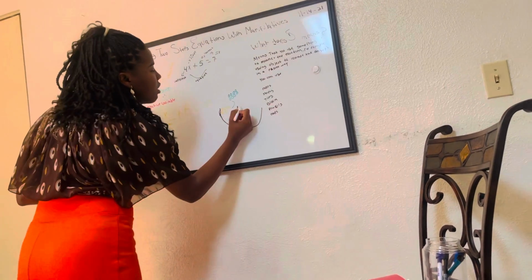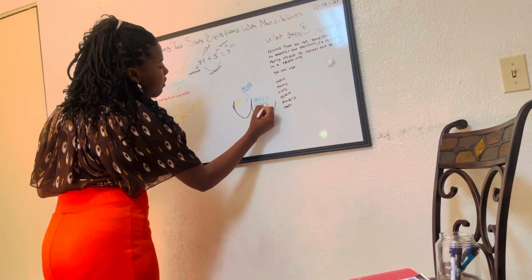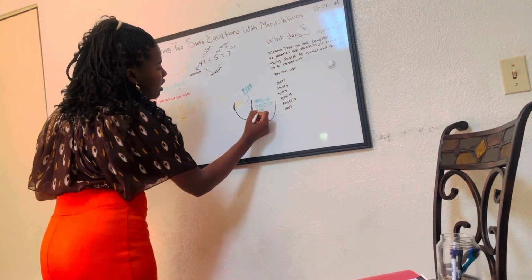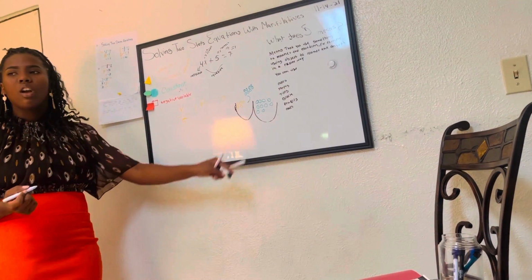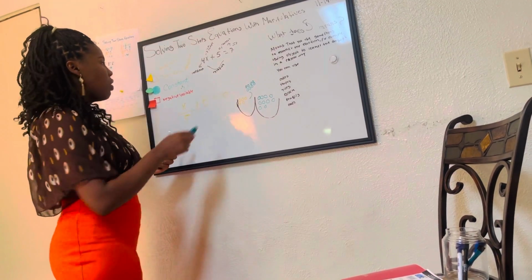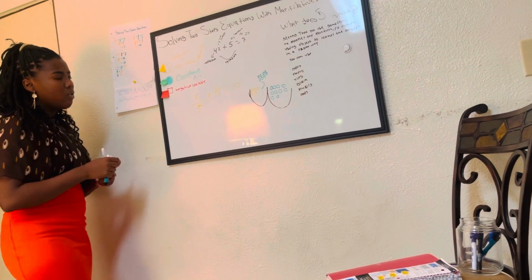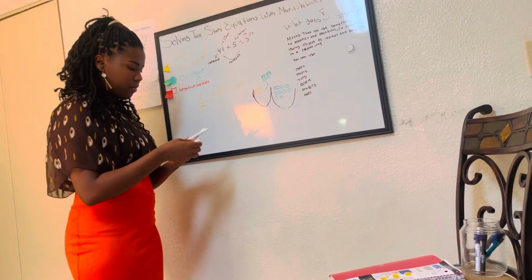Equal 10. 1, 2, 3, 4, 5, 6, 7, 8, 9, and 10. So that is how we're doing a manipulation. We're just gonna change it, but using this triangle, circle, and the square, okay guys?